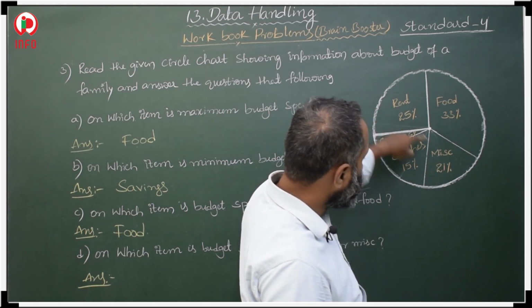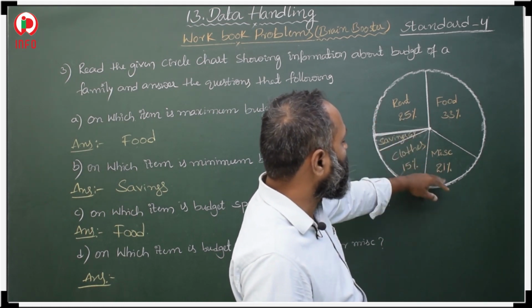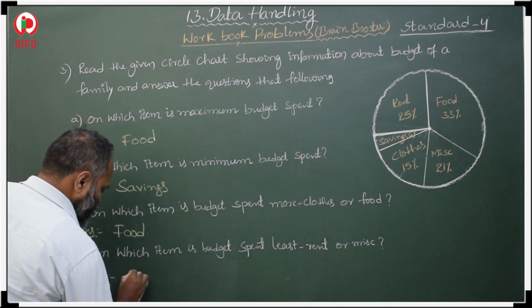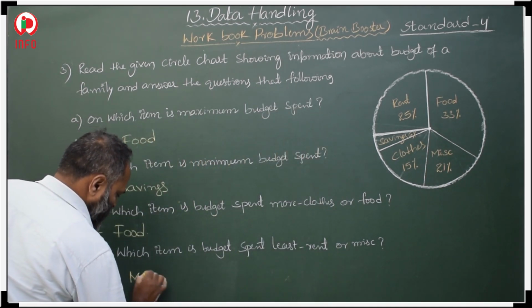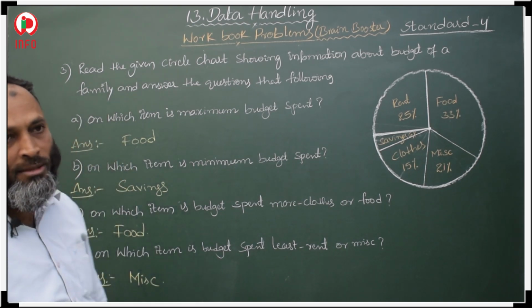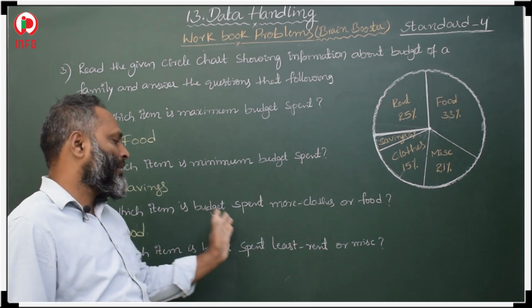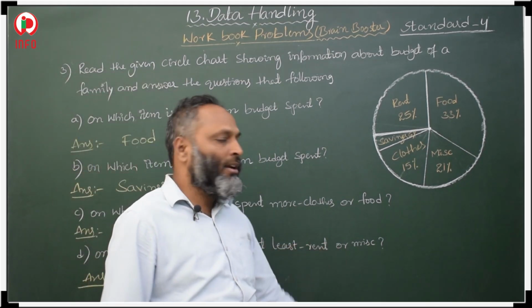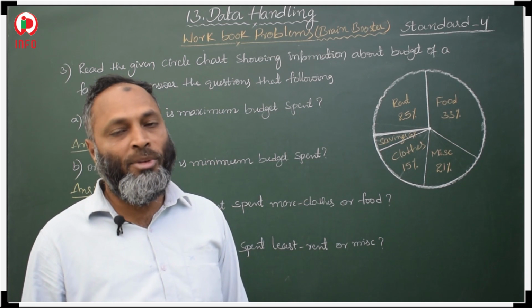Rent 25, miscellaneous 21. If you compare both, miscellaneous is less. On miscellaneous they spent the least budget.